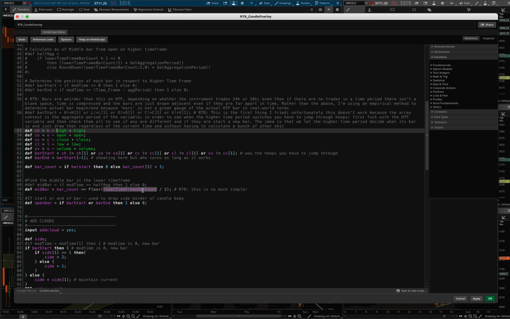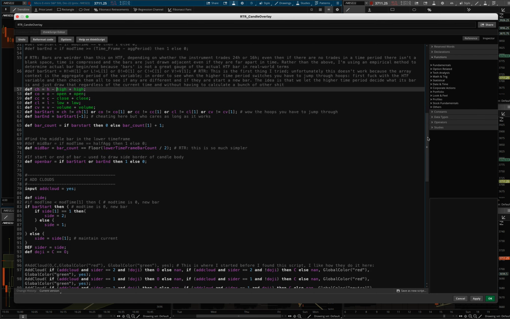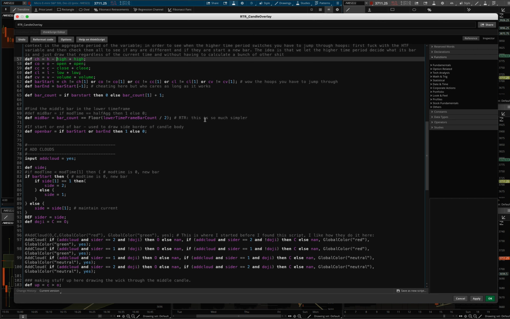The mid bar then is just half of the lower time frame bar count. This is not great. What I need to do is actually run through the bar start to bar end. I haven't done this yet, but I need to run through the current bar start to bar end, because the width of that in bars may not be the full width.